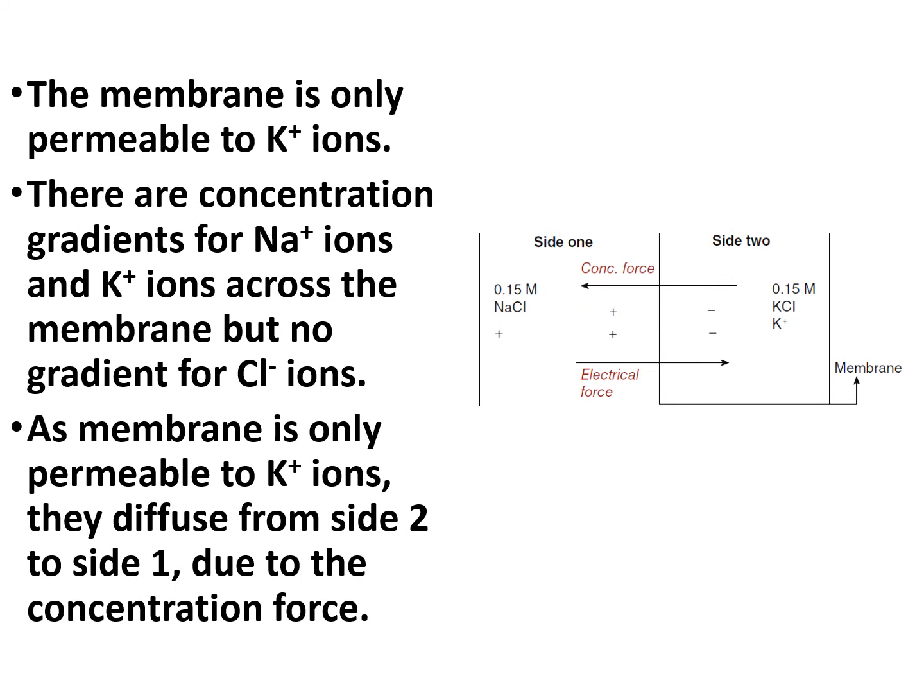The membrane is only permeable to potassium ions, and there are concentration gradients for sodium and potassium ions across the membrane, but no gradient for chloride ions. As the membrane is only permeable to potassium ions, they can diffuse from side 2 to side 1 due to the concentration force.